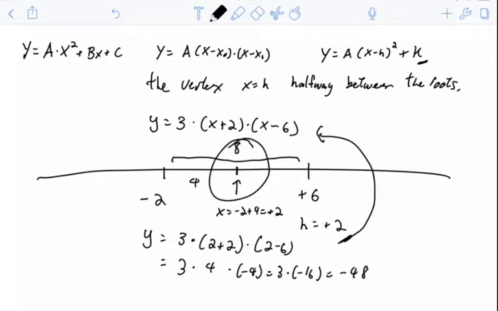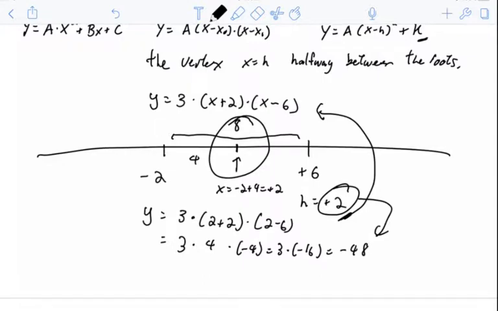That tells you that number. And then you figure out the y value corresponding to that. And so that tells you that your standard form is going to be x minus 2 squared plus -48. What goes out front? 3. Ta-da!